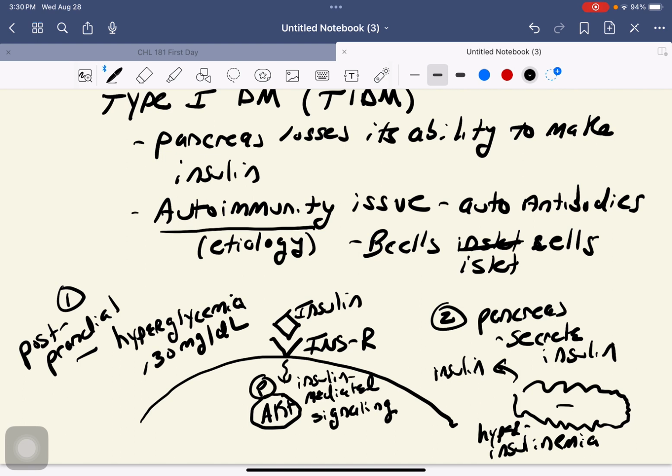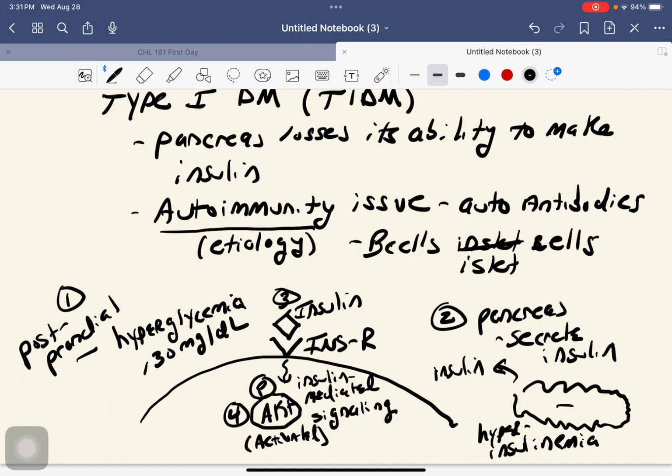So this is our step 1, 2, we'll call this step 3, insulin binding to the insulin receptor. The fourth step was AKT becoming phosphorylated and activated. AKT is now activated, right?